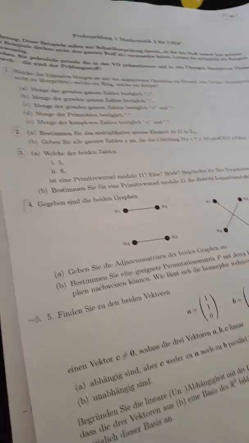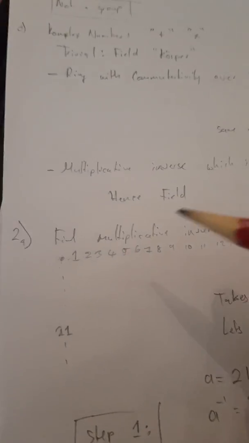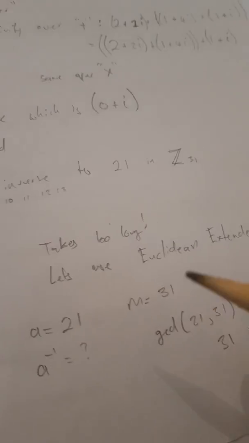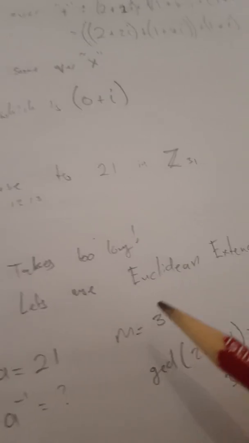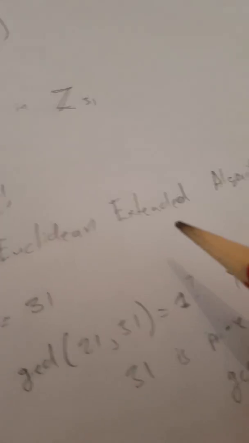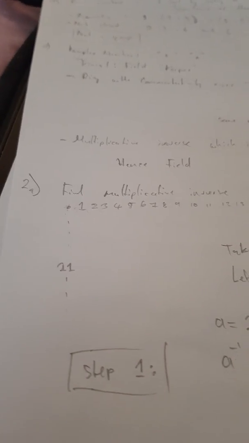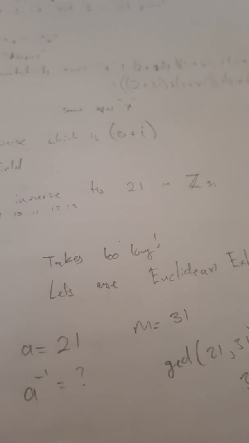Well, number one, we can start by trying to do the table, but this takes too long. So what must we do? We must use the extended Euclidean algorithm. And step one, we need to know if the GCD of 21 and 31 is 1.